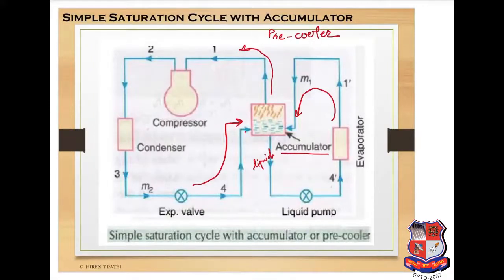So here the mass M1 is the mass of liquid refrigerant circulating through the evaporator, as we have seen in the previous modification with the flash chamber. Same, and M2 is the mass of refrigerant that is moving through the compressor and condenser, that is M2.